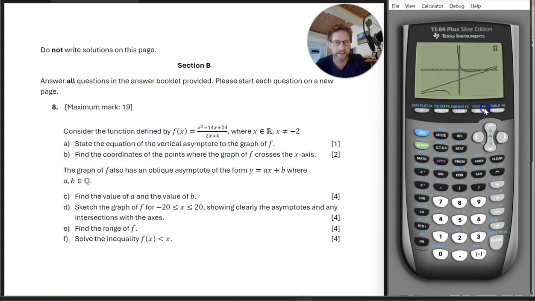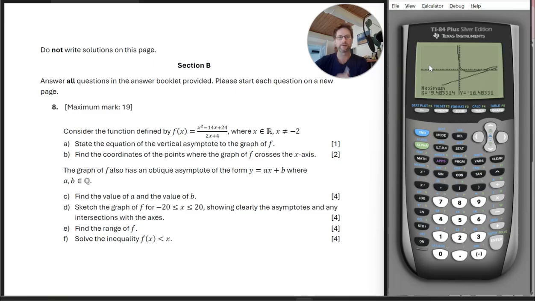So if we calculate and say find maximum, and we choose a left bound, we have to go. This is a bit annoying because I can't see where I am, but now I'm definitely on the left side. Then I move to the right side, and I move slightly left and guess.